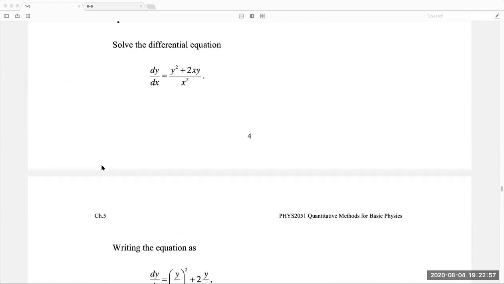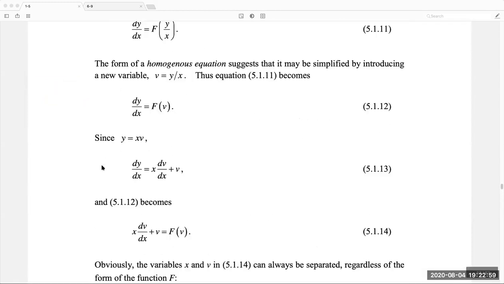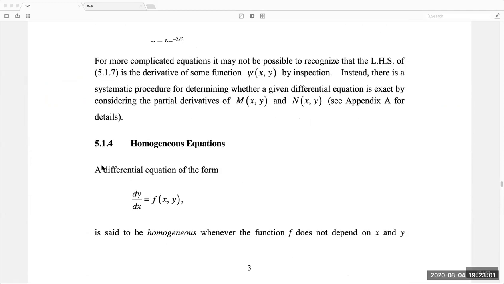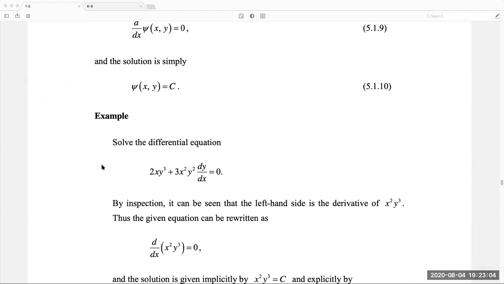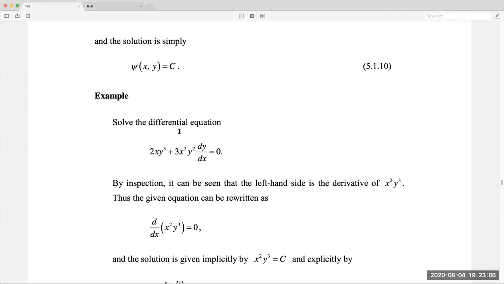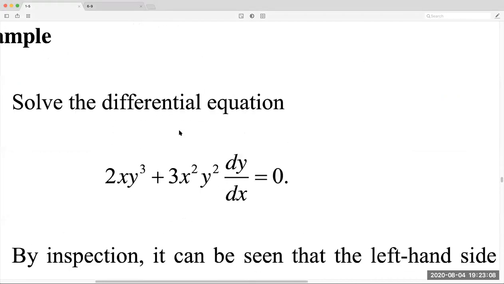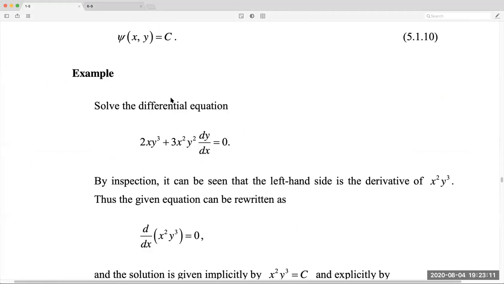There are some other types of questions where you need to change the variables, just like this one. If they give you the form like this one, it's already very kind to you. If the question has deleted the x, y, just like this one, then it may be very difficult to solve. No, actually not difficult.